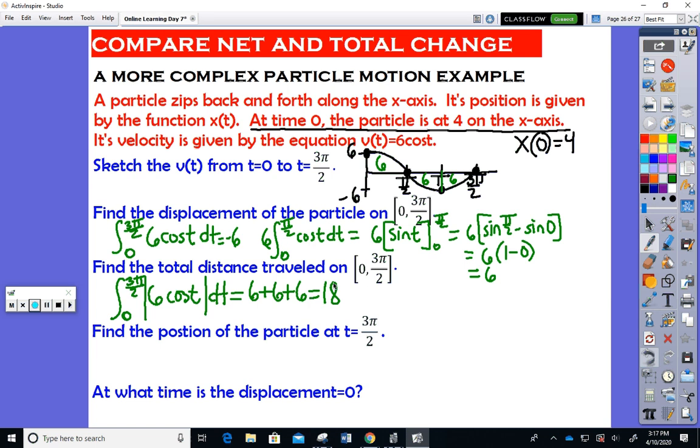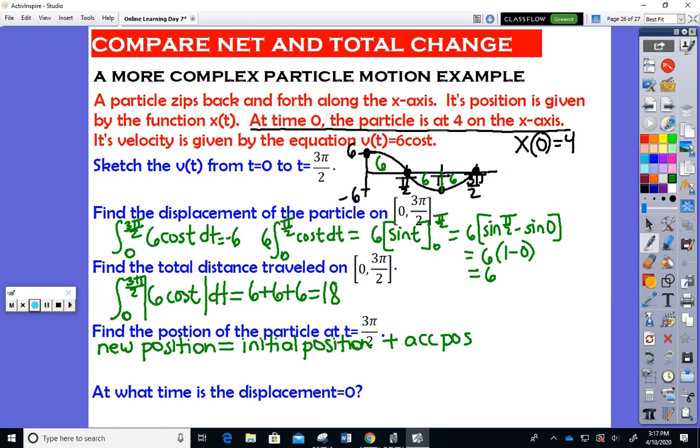Now I want to use the construct that new position equals original position, or initial position, plus accumulated position. I'm going to start abbreviating because I want you to get used to how you can apply this idea.